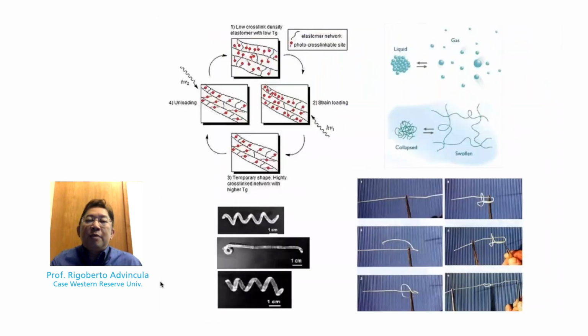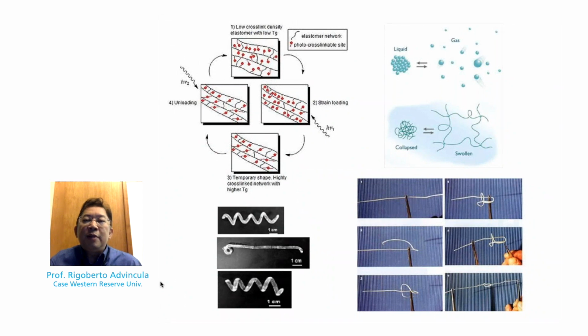So just to show you some of these shape memory properties, as you can see here, the shape memory effect involves the control of the cross-linking density on the original polymer, typically an elastic and a viscous component is part of the original composition, which can be changed with the application of a proper stimuli.